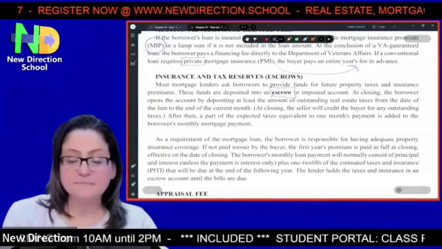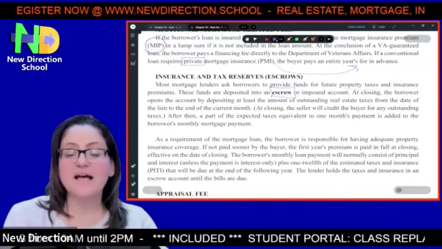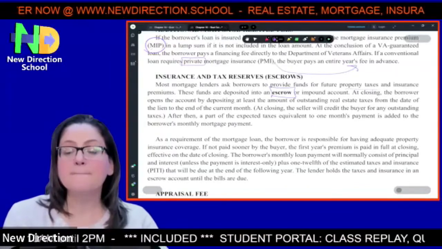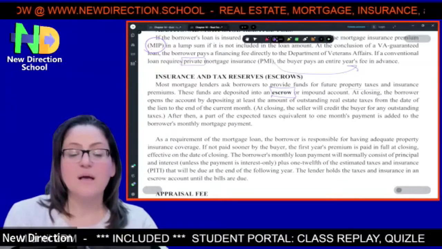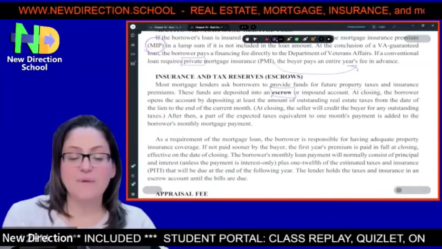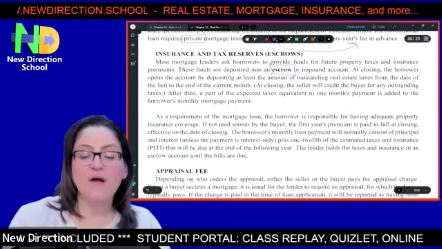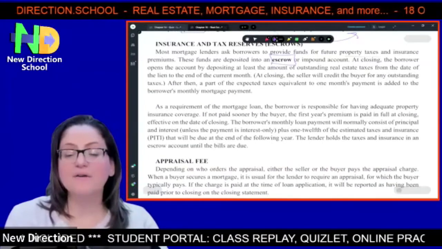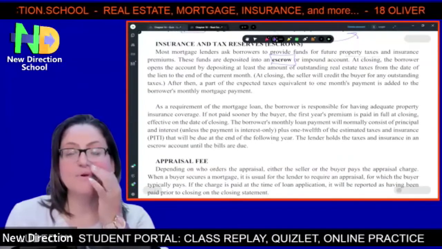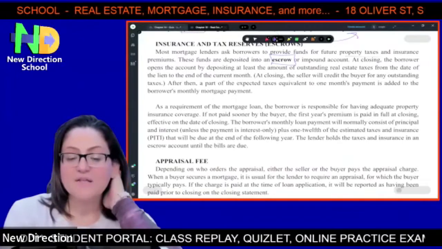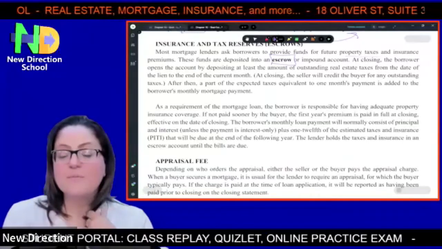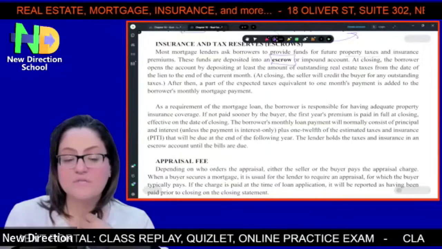After that, a part of the expected taxes equivalent to 1 month's payment is added to the borrower's monthly mortgage payment. As a requirement of the mortgage loan, the buyer is responsible for having adequate property insurance. If not paid sooner by the buyer, the first year's premium is paid in full at closing.